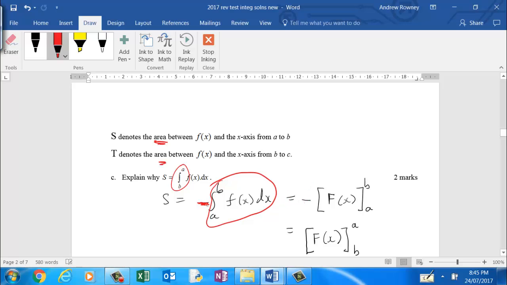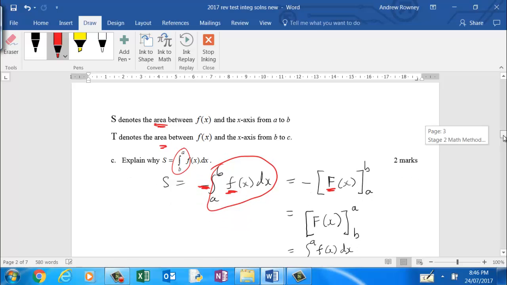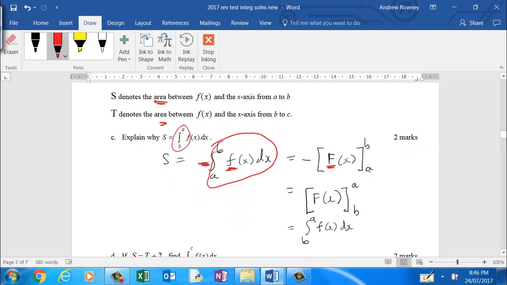Now if we do that integral, the integral of little f is capital F by definition, and so it's F evaluated from b to a, and now b to a is the negative of a to b, right? So if you have a double negative, that will now turn into a positive. And so that, going back to the integral notation, a on the top, b on the bottom. So I'm just proving that this is the same as this, going through the integration process.